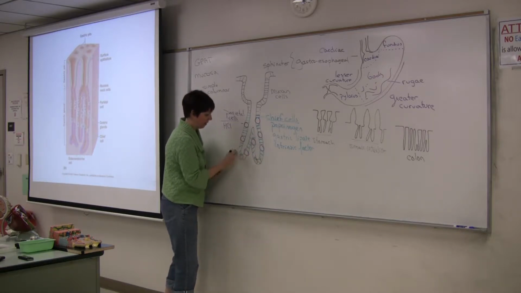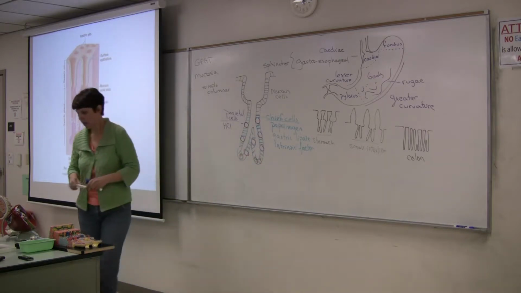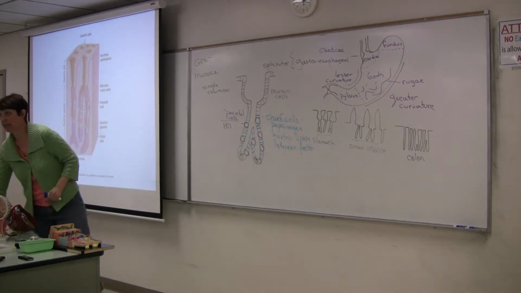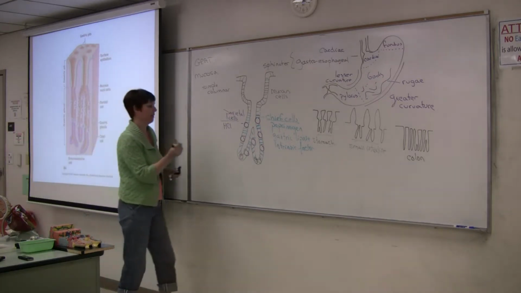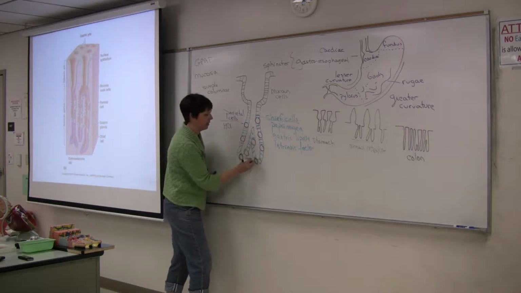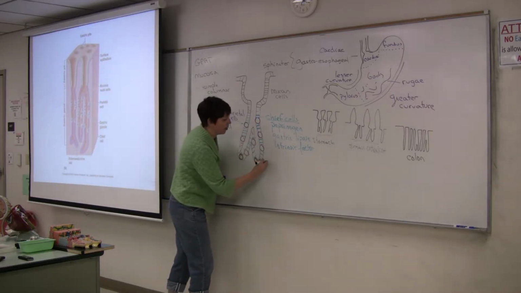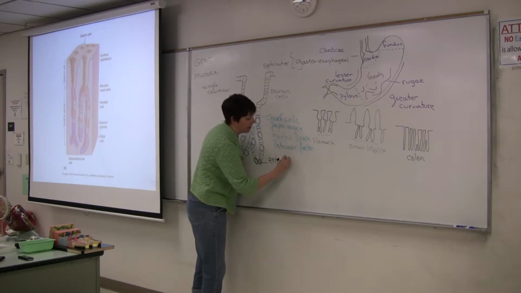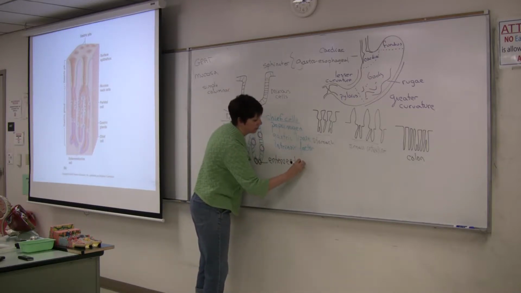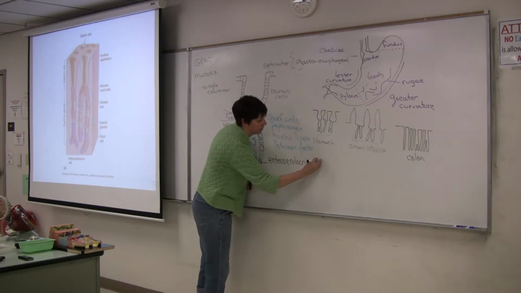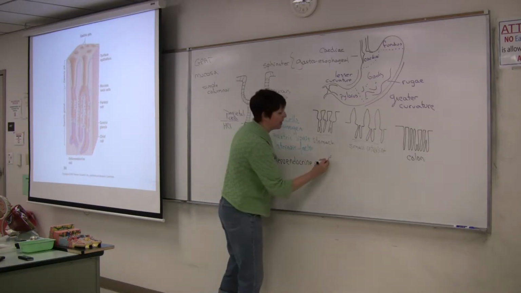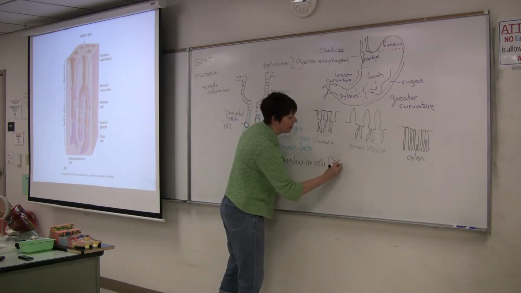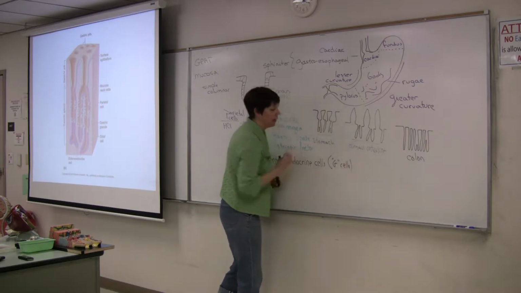So the stomach is a mixed, it's an endocrine and an exocrine gland. So these are known as enteroendocrine cells. Sometimes known as G cells because the hormone is gastrin.